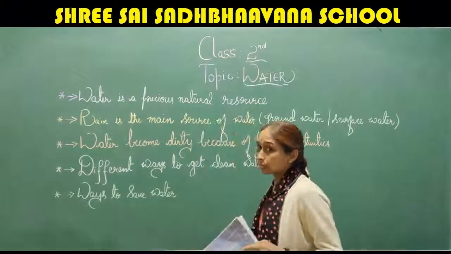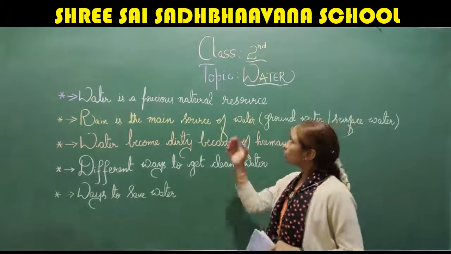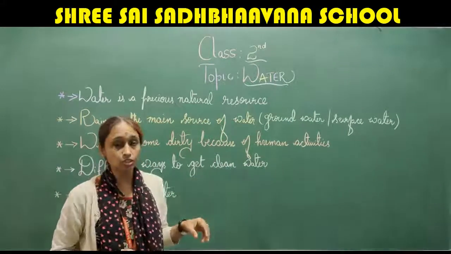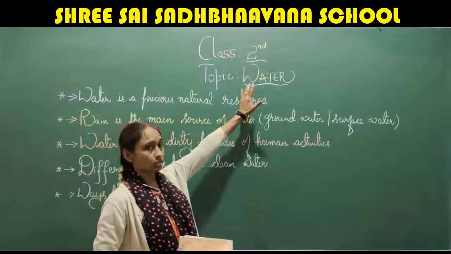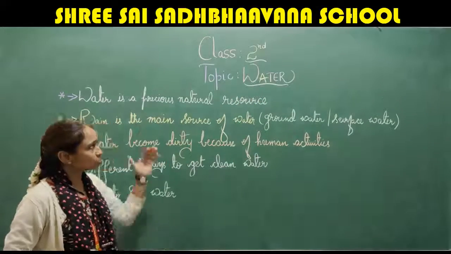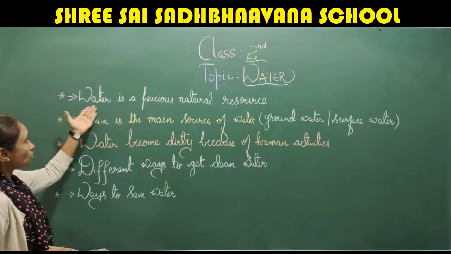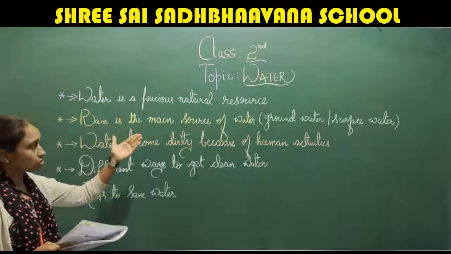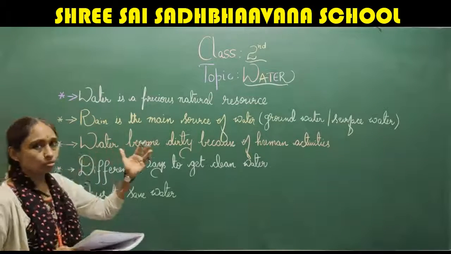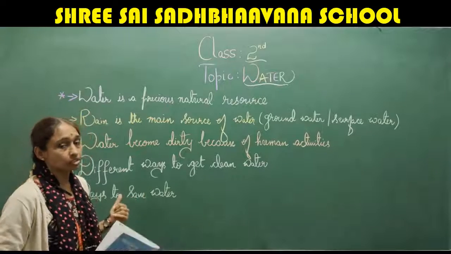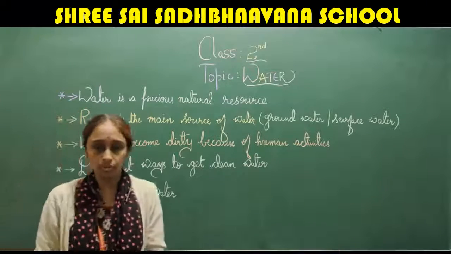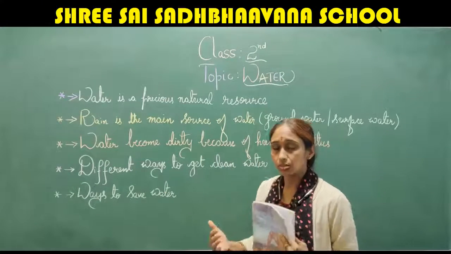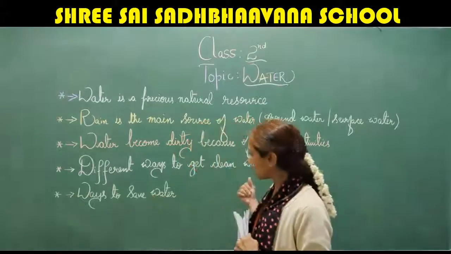Here again today I have come up with another topic, water. I can say it is a very important and very interesting topic. In this chapter you are going to learn about water, which is the main source of water, how water is becoming dirty, how water is getting polluted nowadays, and how we can get clean water, the different ways we can get clean water.